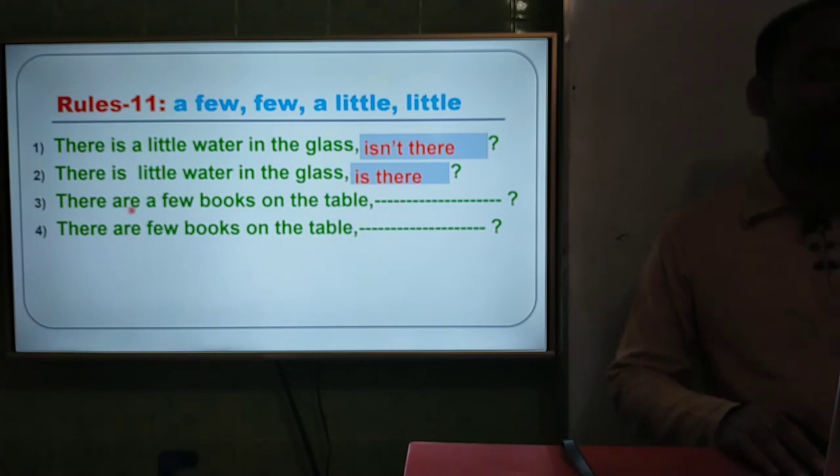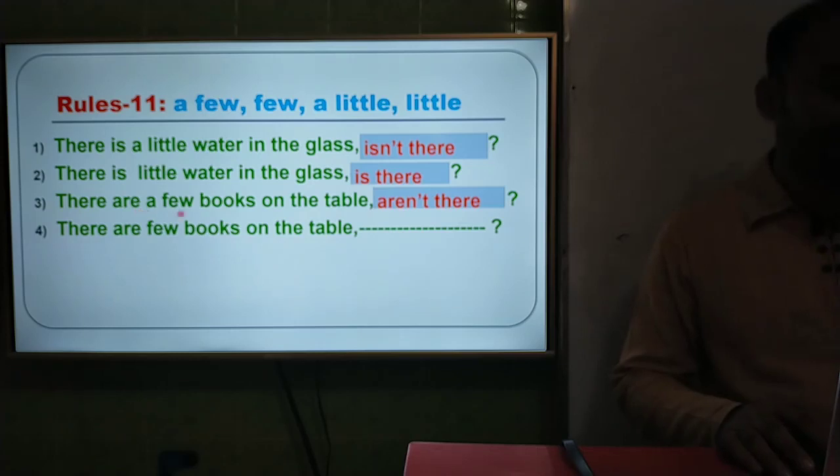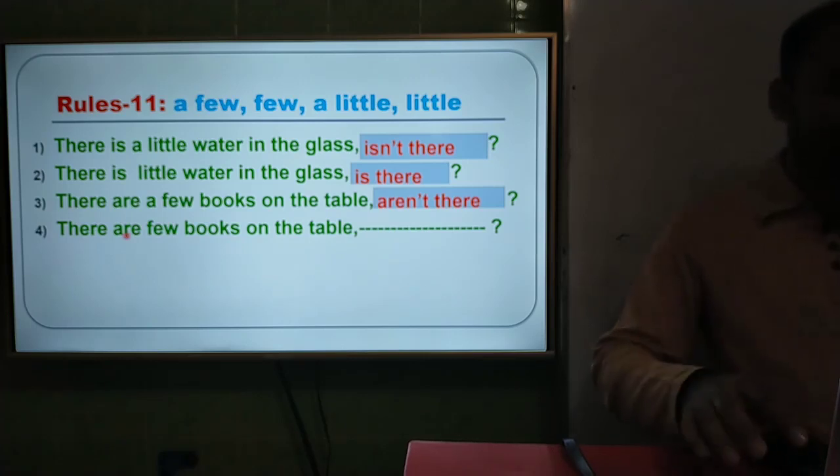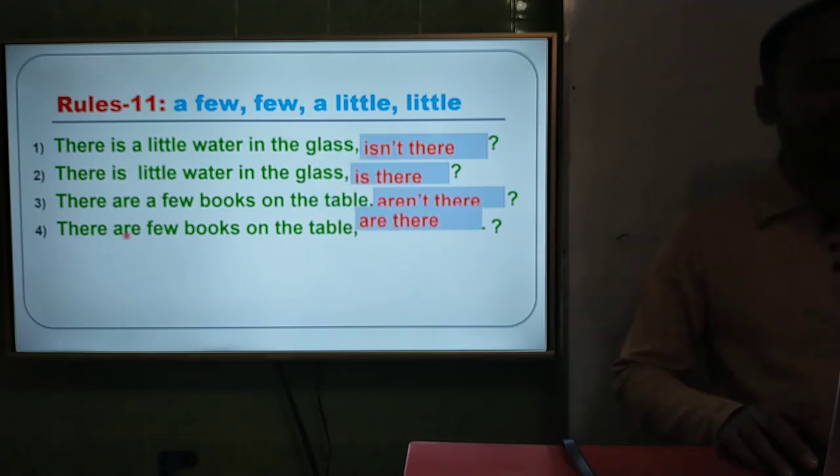Here the operator is "are", so the answer will be "aren't there". And "There are few books on the table." There is no "a" before few, so it is a negative sentence, so the tag question will be affirmative. Here the operator is "are", so the answer will be "are there".